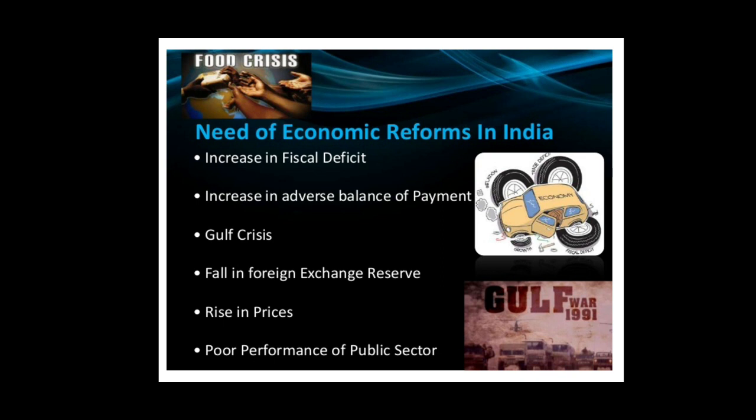As a result, India was not able to earn enough foreign exchange through exports to finance its imports. Excess of payments for imports over receipts for exports led to the deficit in balance of payment of India, which had been rising continuously since 1980-81.